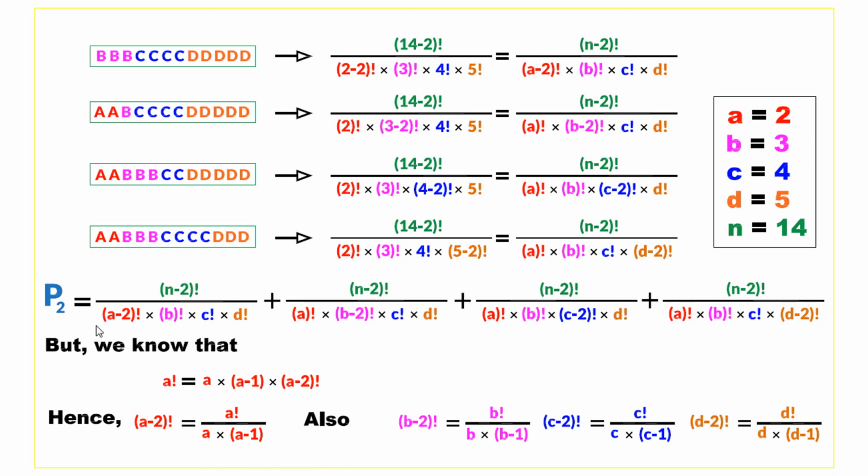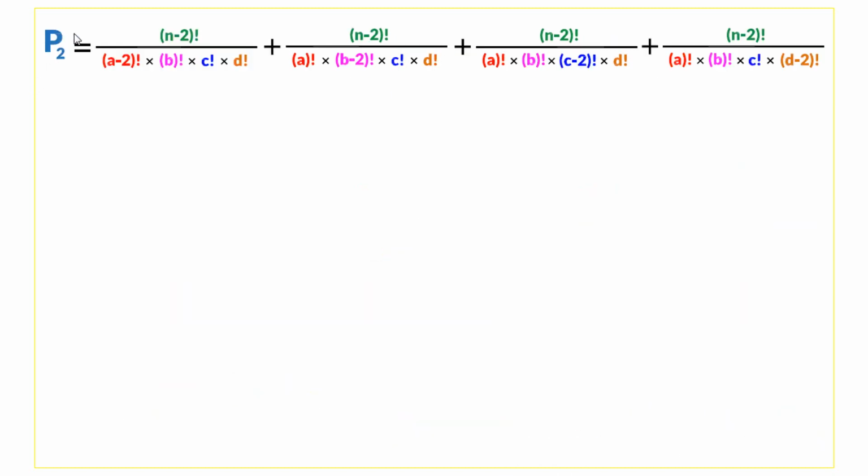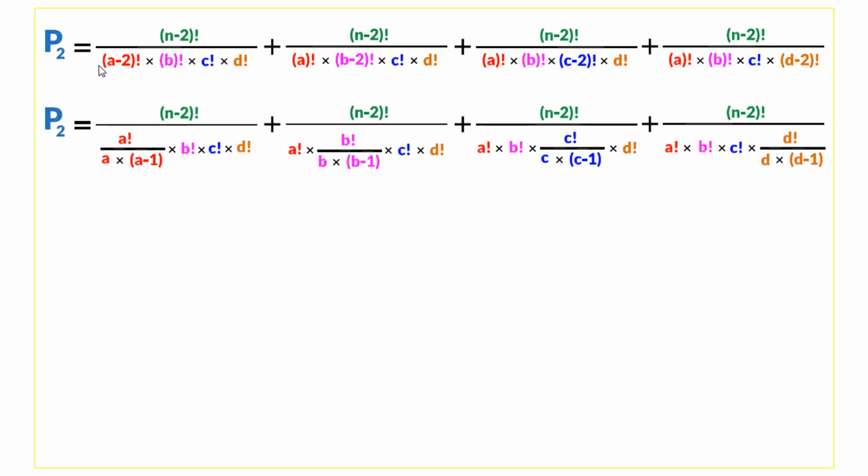So now we can replace each a minus 2 factorial with this term here, and the same for b and c and d. So this sum we are going to call P2, and we replace a minus 2 factorial with its corresponding term, and we do that for the rest.